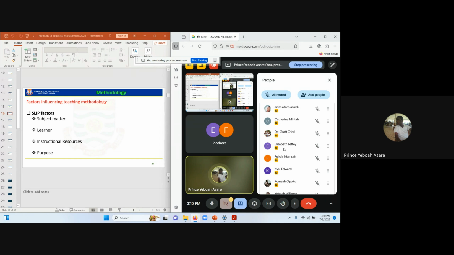If you are focused on the subject matter, then you are looking at the voluminous nature of the subject matter. The content to be taught is so much. That is then your focus. In that case, you will have to look at methods that will disengage the learners a bit in order to complete the content.